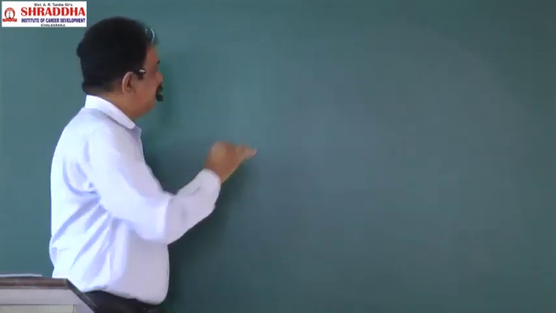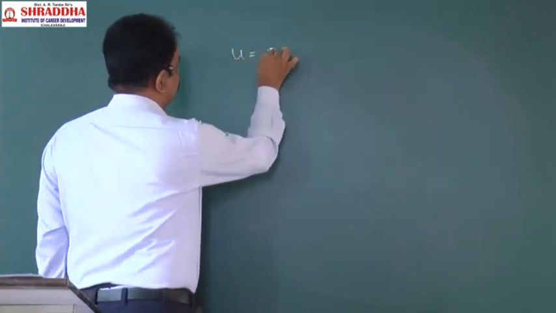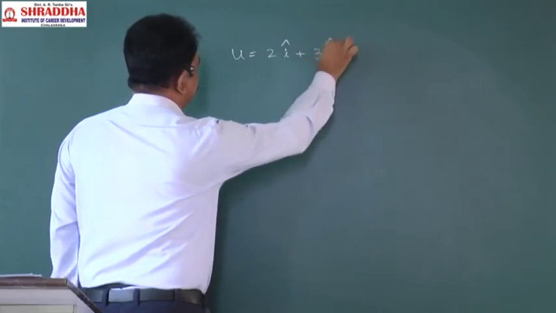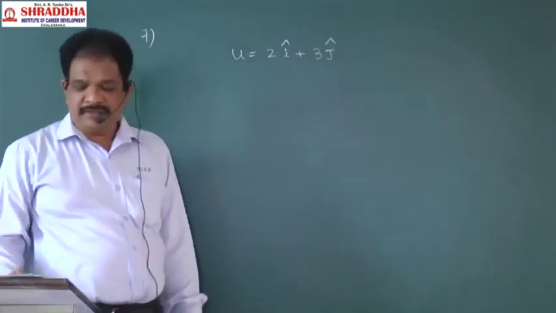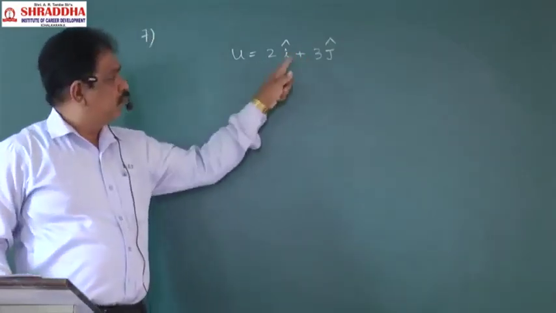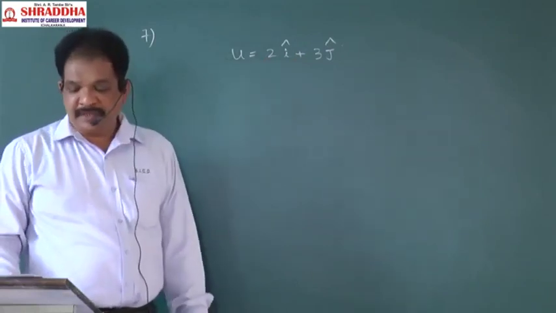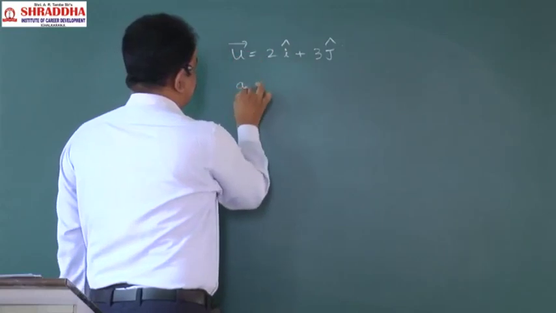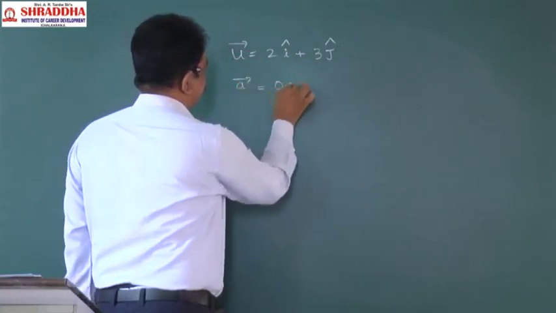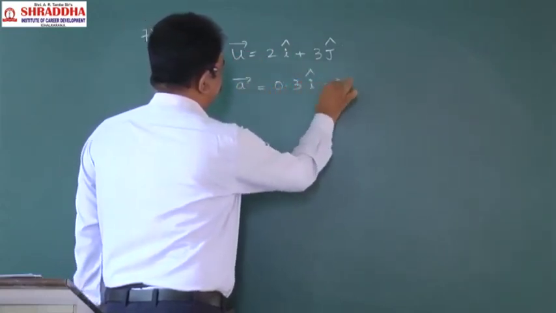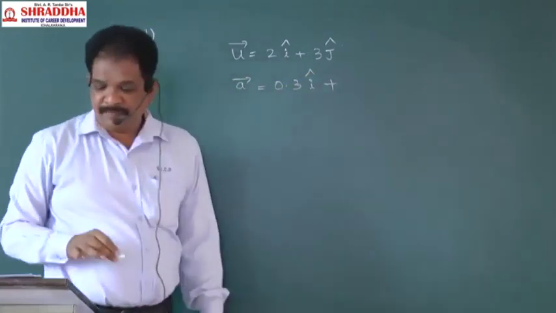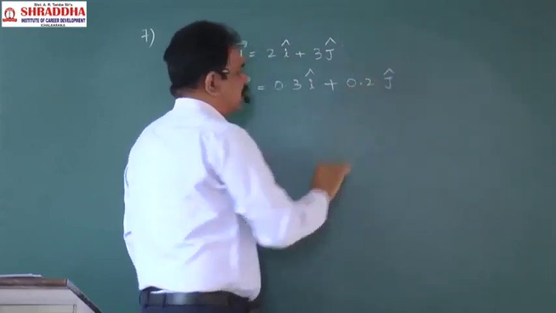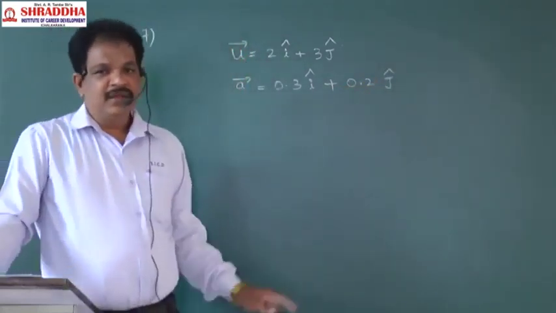Initial velocity is represented by the symbol U. Initial velocity is equal to 2i cap plus 3j cap. Its acceleration, that value will be equal to 0.3i cap plus 0.2j cap. That is its acceleration.